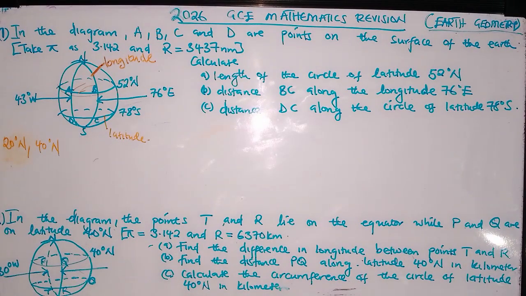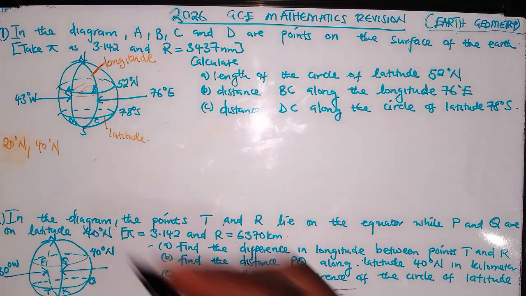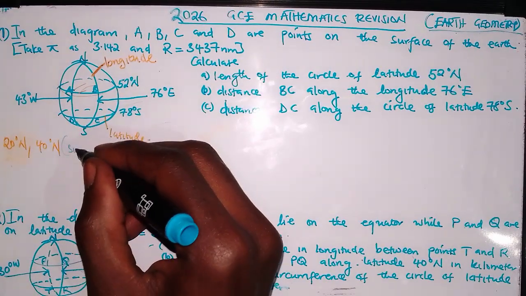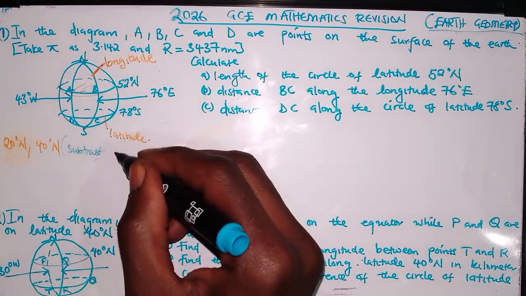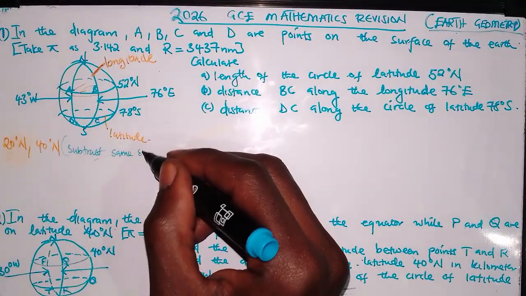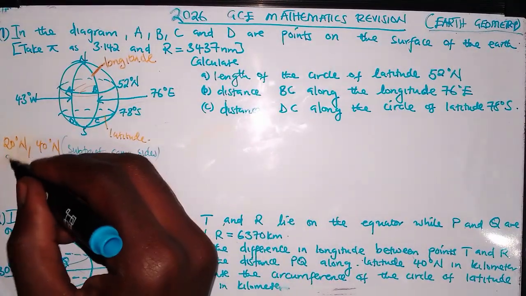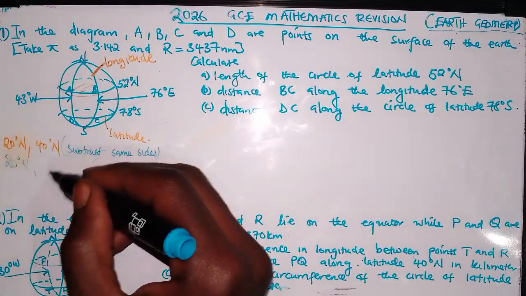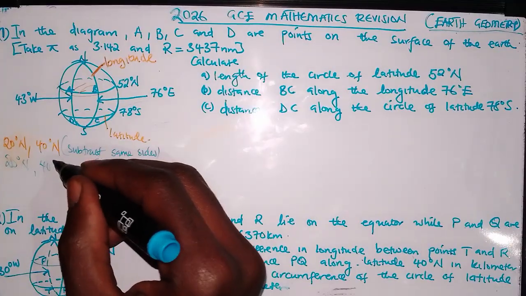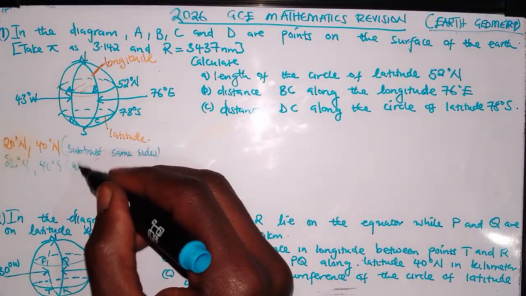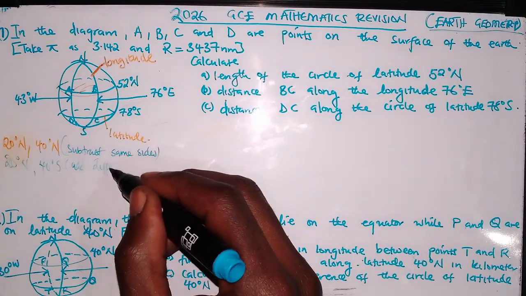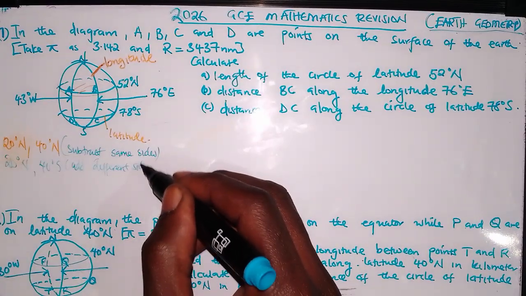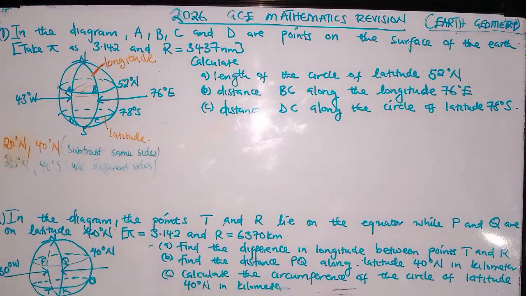So we are saying that you subtract same sides, and we add different sides. These are the two things you need to understand whenever you are calculating the difference either in longitude or latitude.